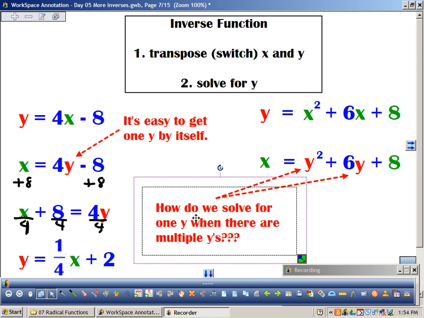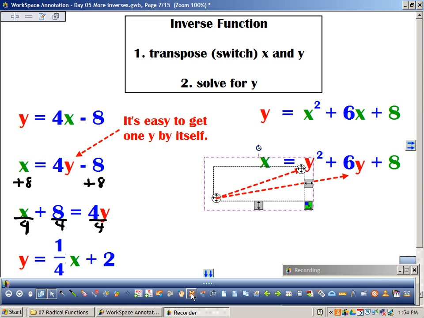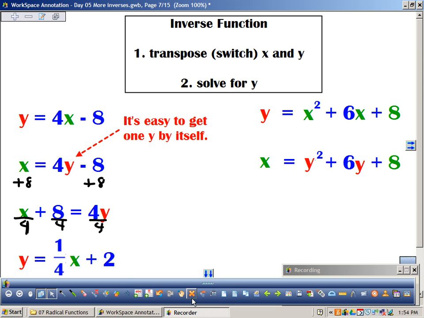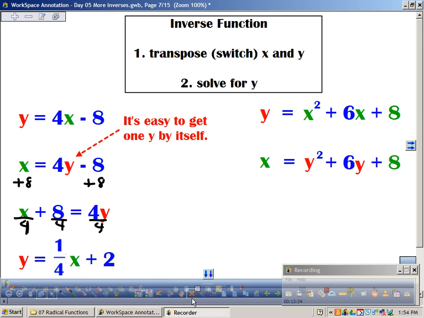And I want you guys to think about this for a second. Can you find a way to solve for y? The idea of solving for y would be you only have one y and everything else is on the other side. So you guys try it. Try together as a table group. I'm going to walk around and see what you guys come up with.